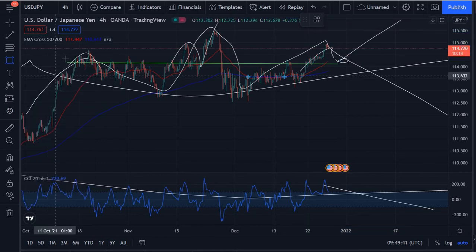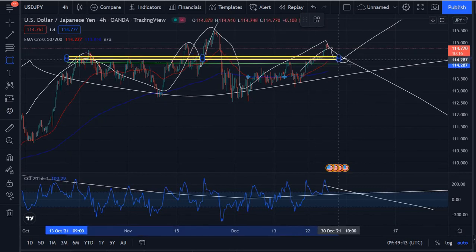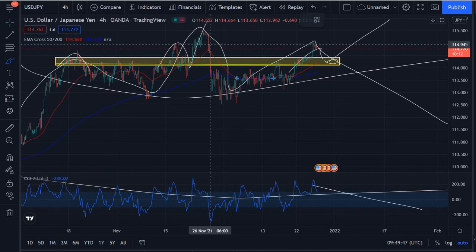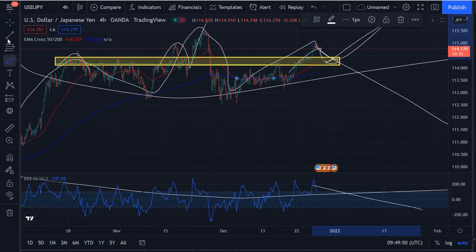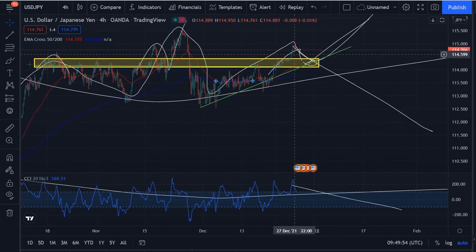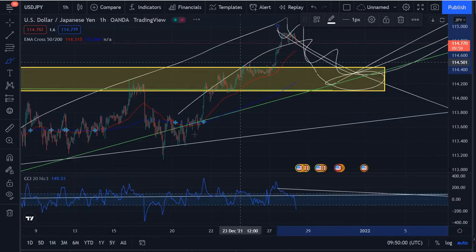This zone here could be a bit of a bigger one. And then this could be a continuation to the upside. Here is kind of a trend being formed.